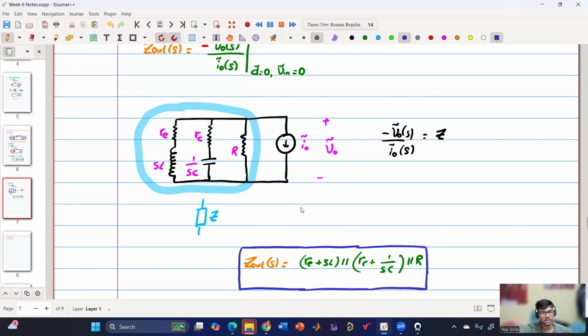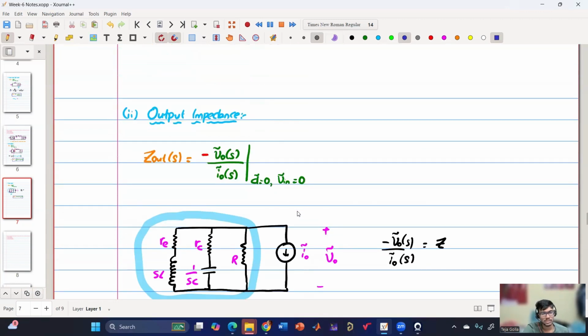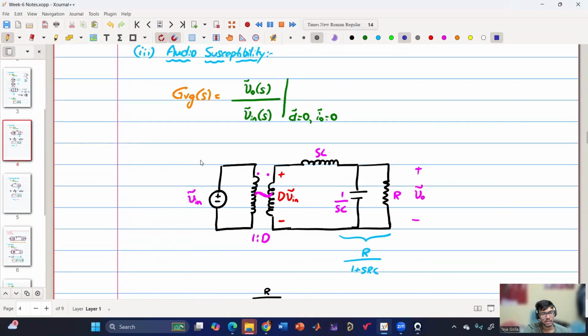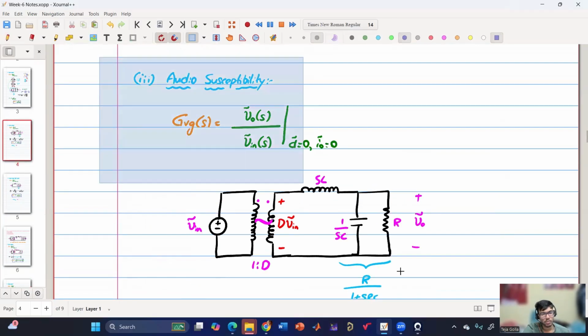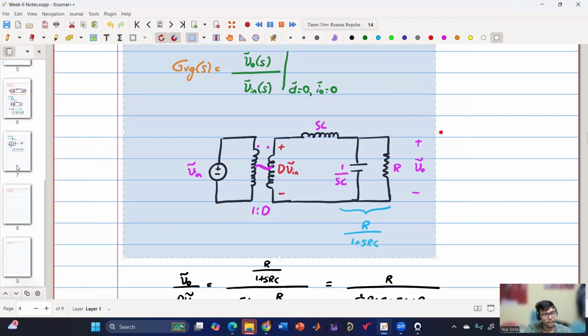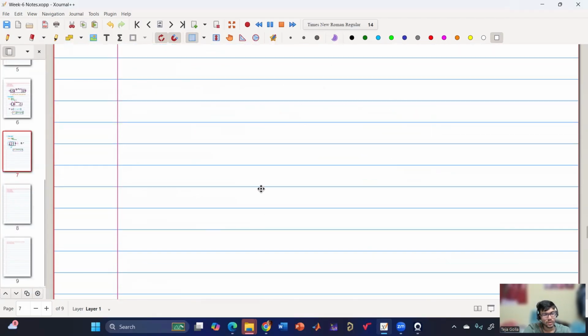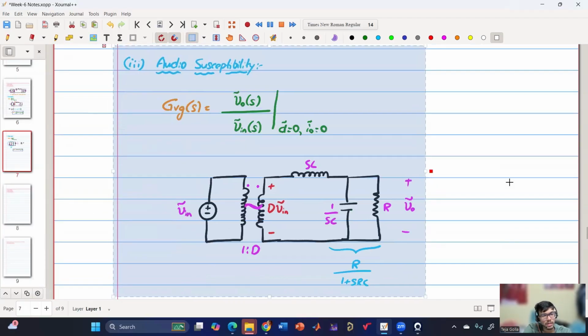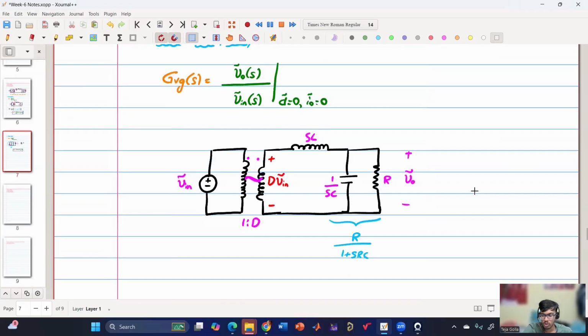So is this clear till this point, output impedance? Yes, sir. Clear. So now let us go to audio susceptibility and then we can copy it in this file. So again, for audio susceptibility, we have two more additional terms.